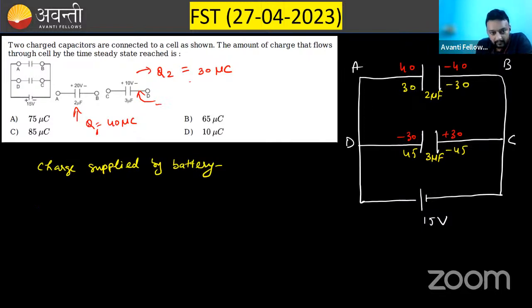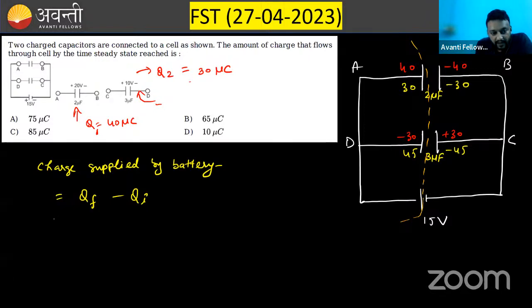So let's see. That is Q final minus Q initial. In which portion am I talking about? I am talking about this portion.